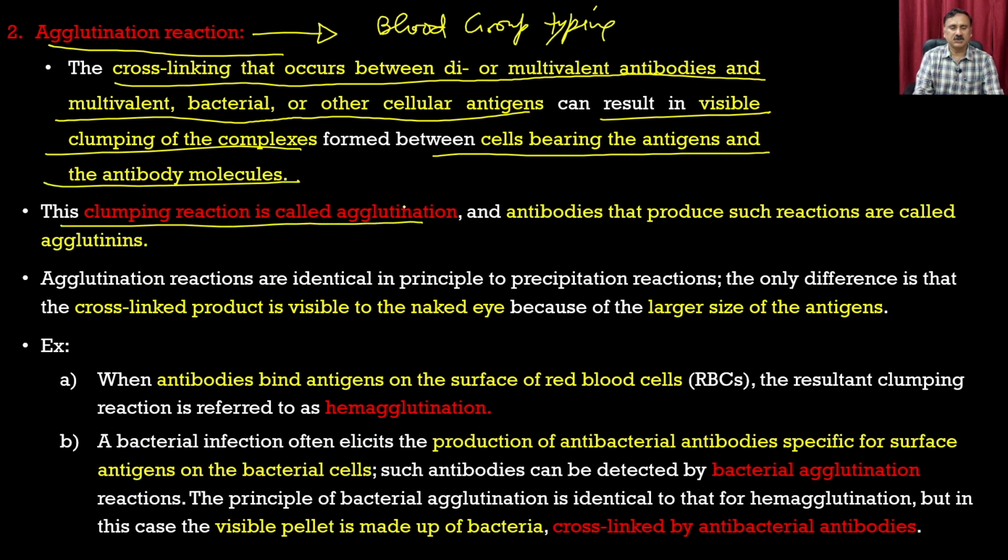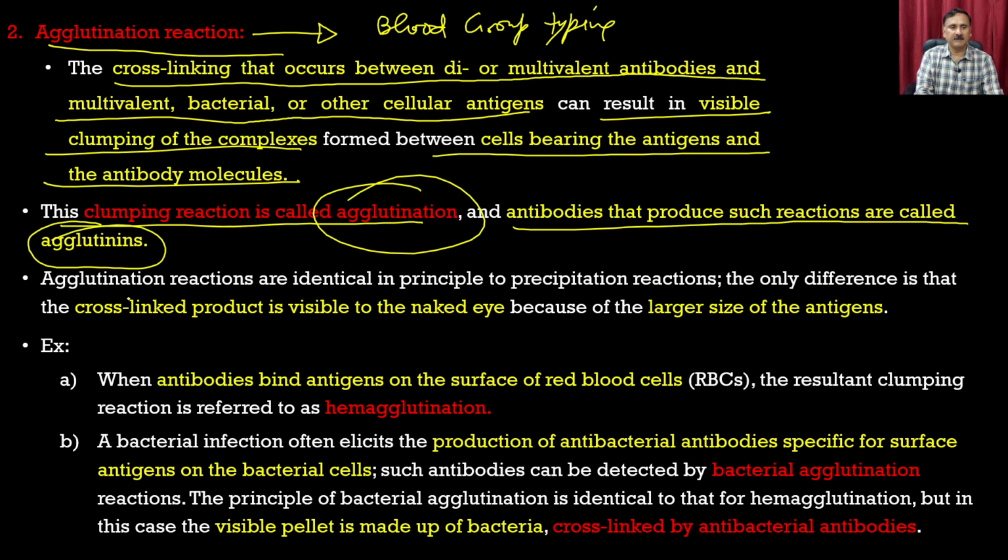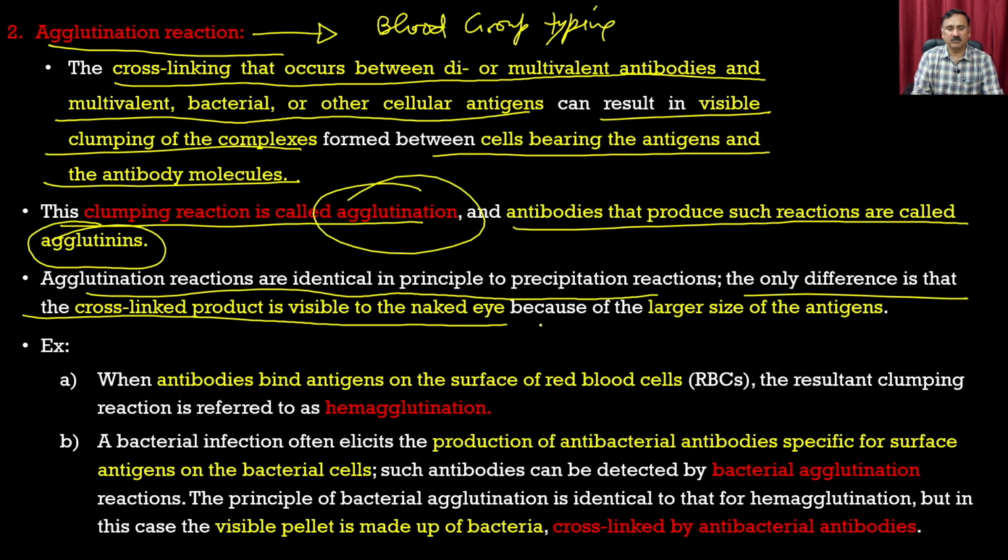This clumping reaction is called agglutination, and the antibody that produces such a reaction is called an agglutinin, right? Agglutination reactions are identical in principle to the precipitation reaction. The only difference is that the cross-linked precipitate is visible to the naked eye because of the large size of the antigen. One simple example is detecting the antigens on the surface of RBCs in an assay called hemagglutination.